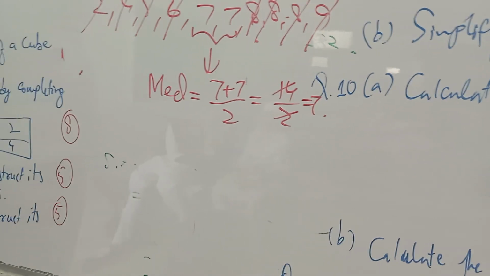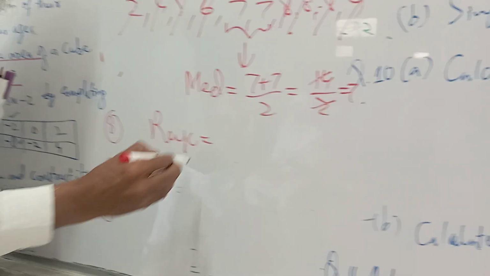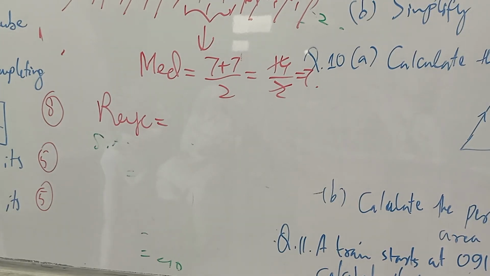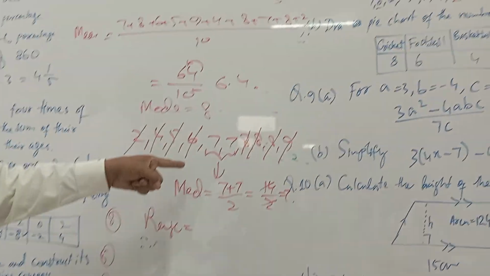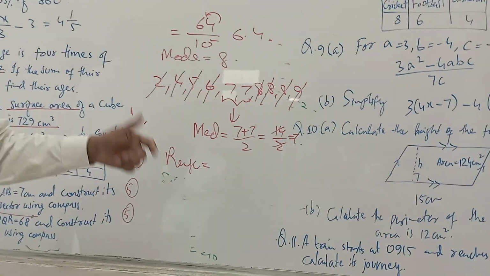Okay? If only one number remains, then that's the median. If two numbers remain, then we take the average.